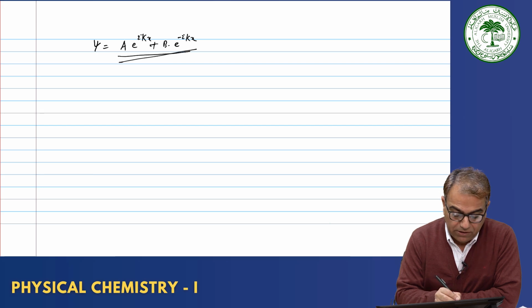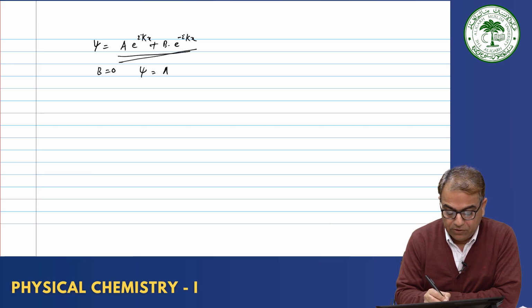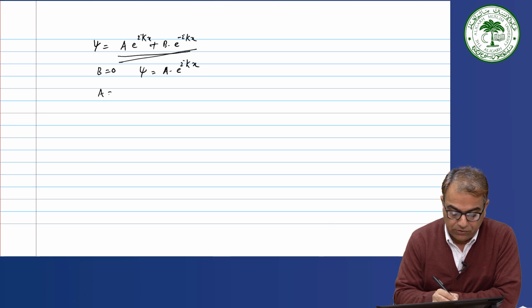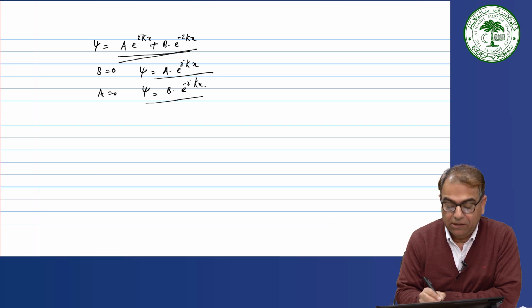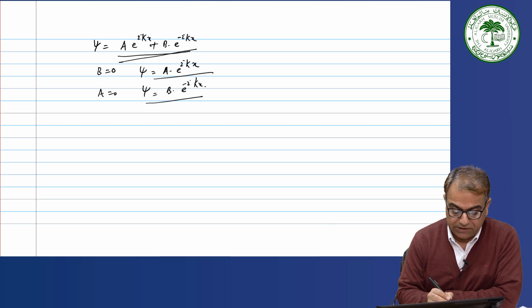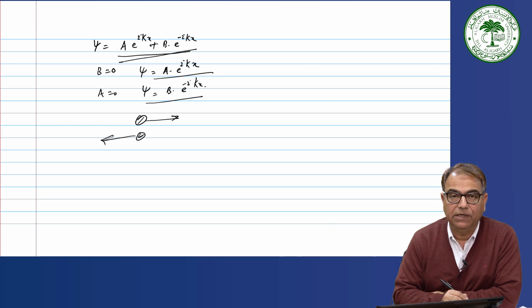If you put b equal to 0, psi becomes a exponential ikx, and if you put a equal to 0, psi becomes b exponential minus ikx. Both represent momentum in the positive and negative direction, so in one case the particle is moving in this direction, and in the other case it is moving in that direction.